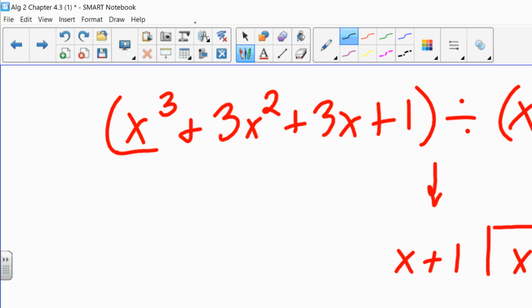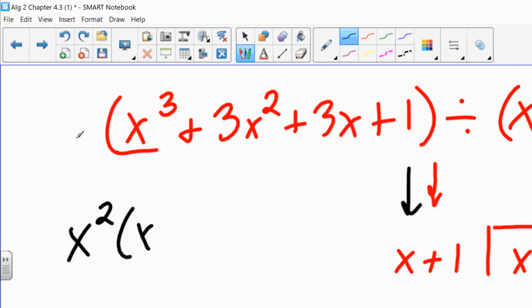So the first main question is, what times x will give me x to the third? X squared. Because x squared times x is x to the third, because we're going to multiply these together.